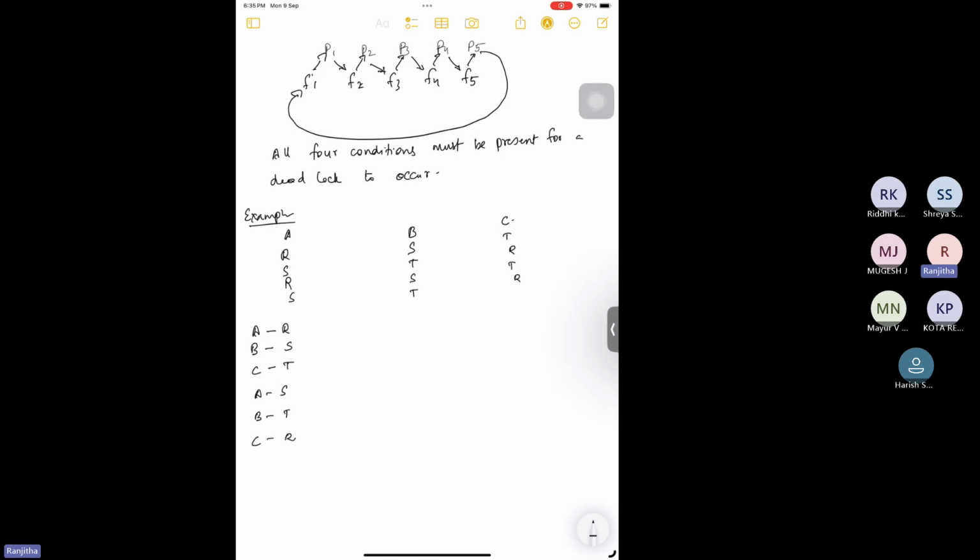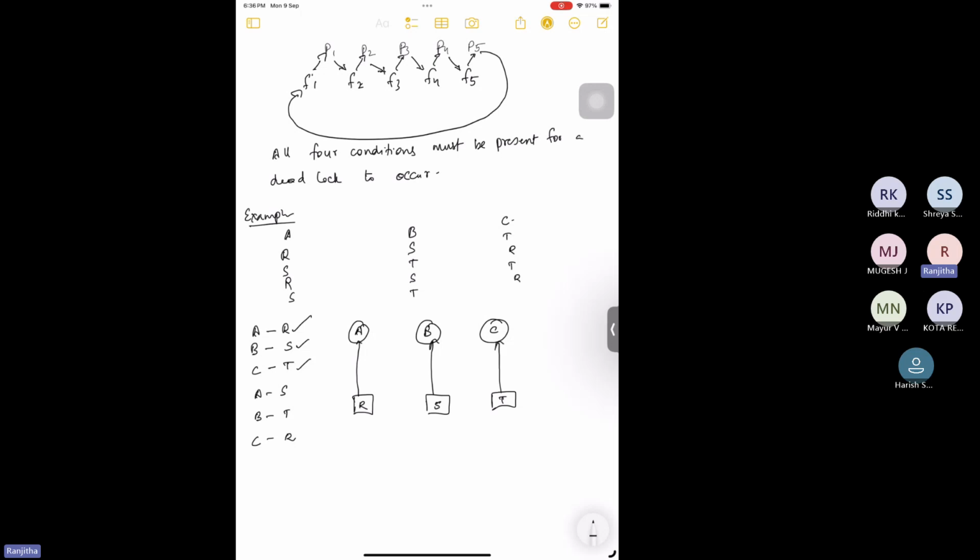Initially, we have A, B, and C, and R, S, and T are the resources. First, A is asking for R. R is free, so R is allocated to A. Then B is asking for S. S is currently free, so B is given S. Now C is asking for T, and it is given.